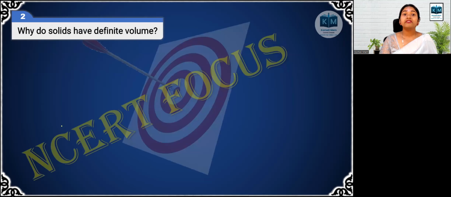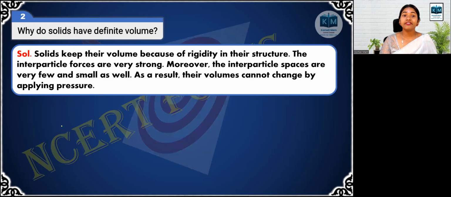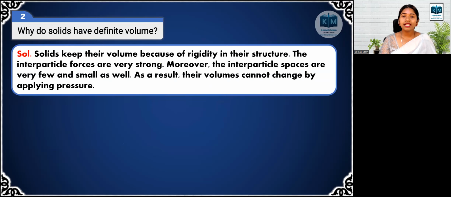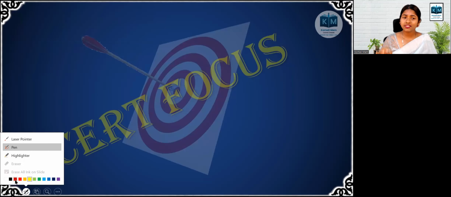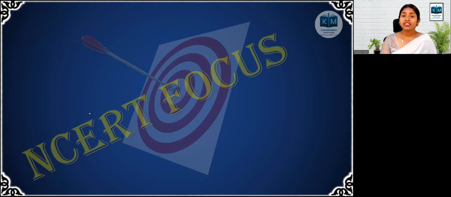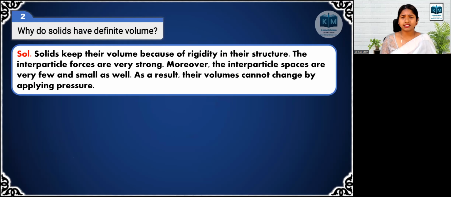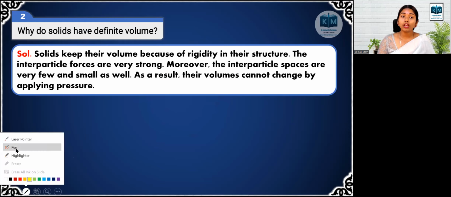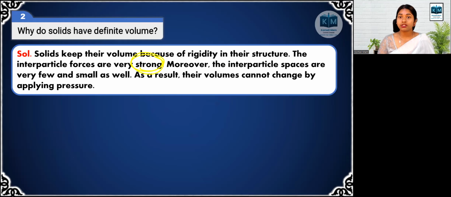Next question. Why do solids have definite volume? Solids have a definite volume because their atoms' positions are fixed. Why are the atoms' positions fixed? Because they have strong intermolecular forces of attraction.